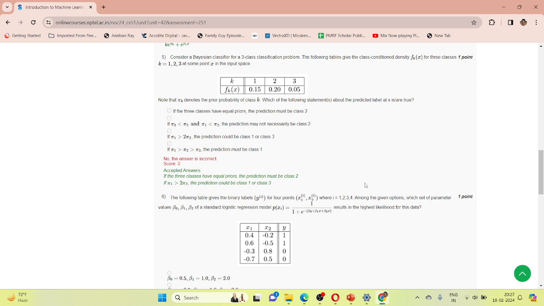The answer is 1 because that is closest to the separating plane, no? Okay, thank you.